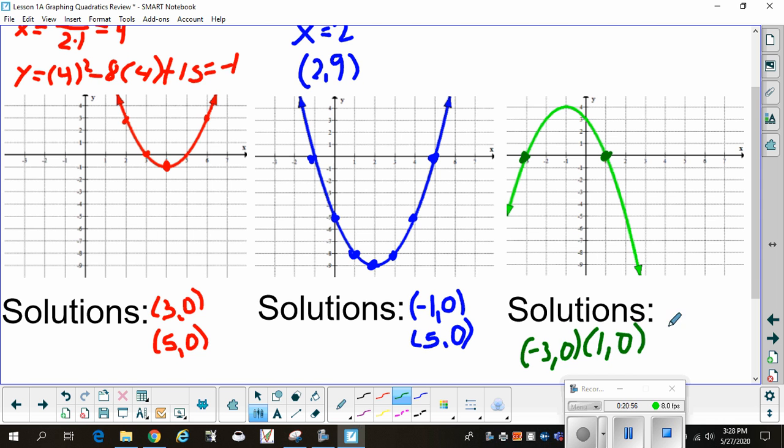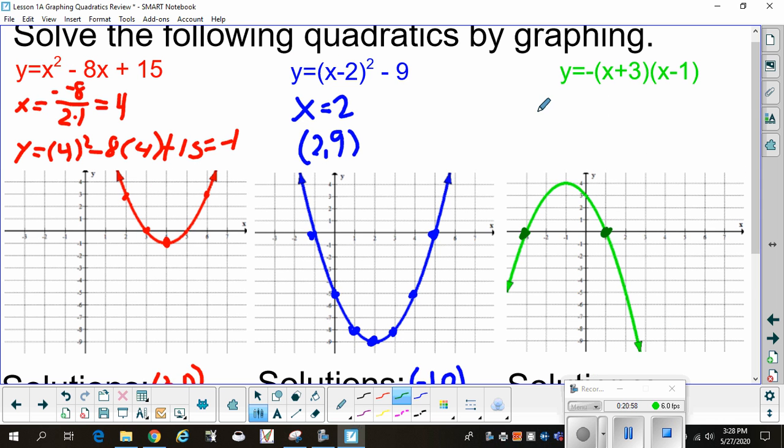But if I still need to graph it, then I need to do x equals -3 plus 1 divided by 2, and that's going to give me -1. So here's my axis of symmetry, x equals -1.